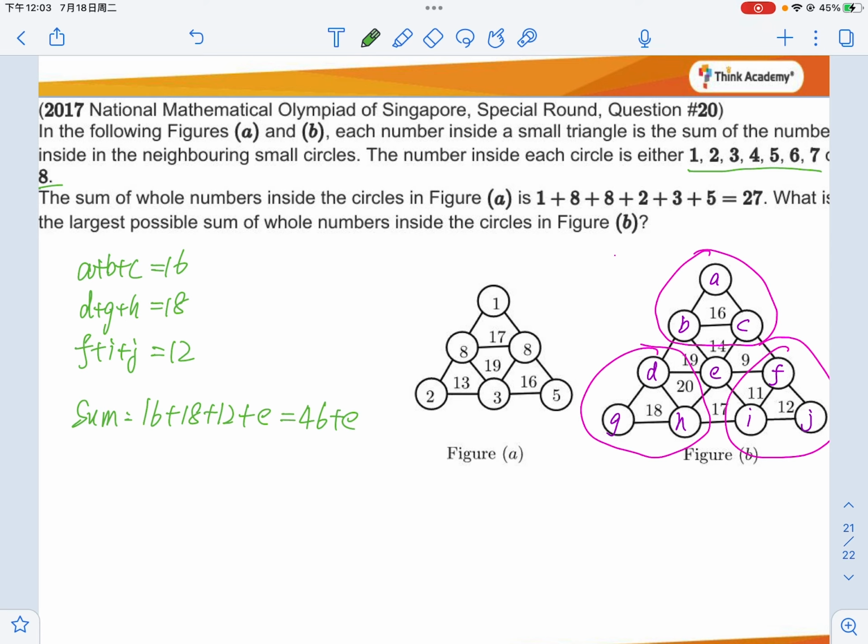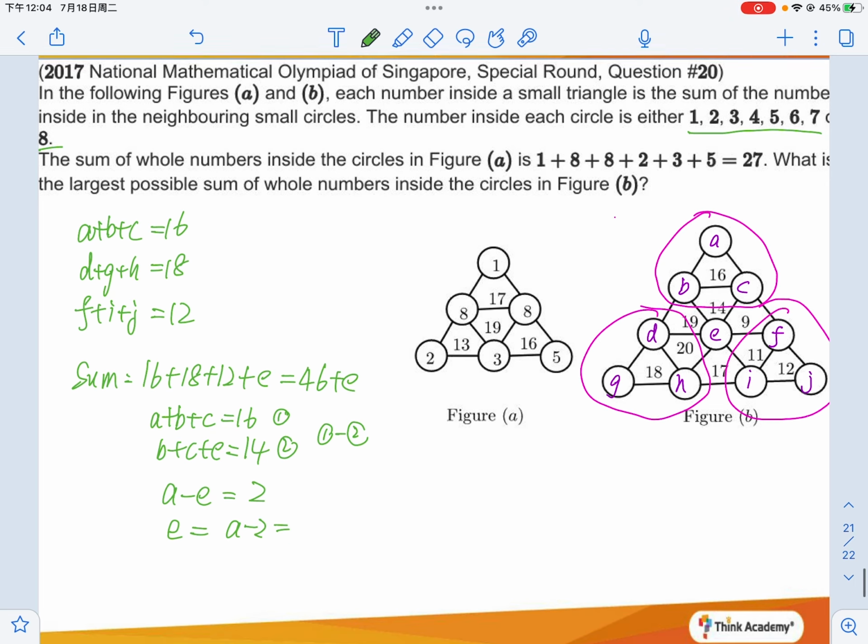And also we can write down A plus B plus C should be 16, and B plus C plus E equals 14. Can you calculate A minus E equals what? Just use equation 1 minus equation 2. A minus E should be 2, which means E should equal A minus 2.